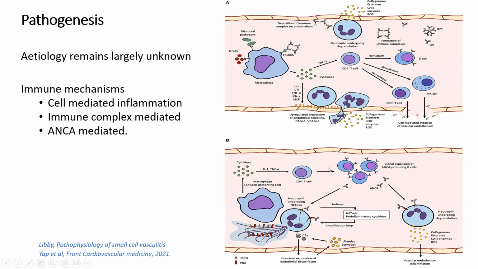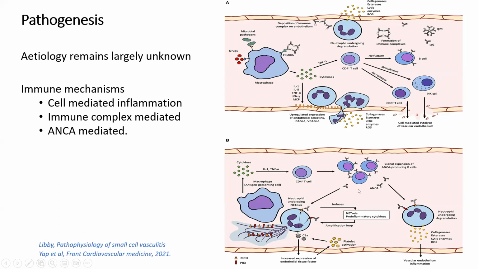The ANCA-mediated inflammation is presented well in the bottom picture B. So the neutrophil has normal enzymes in granules in the cytoplasm. That's the neutrophilic cytoplasmic enzymes. And the ones of importance to us in vasculitis are your myeloperoxidase and proteinase 3.